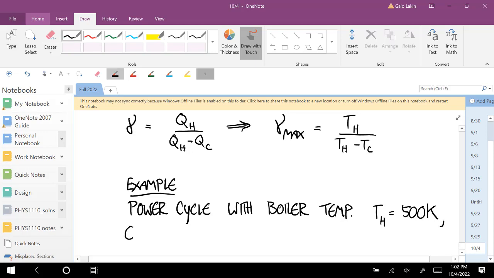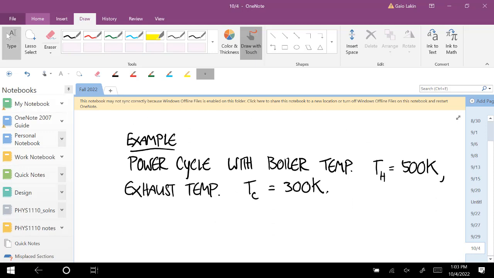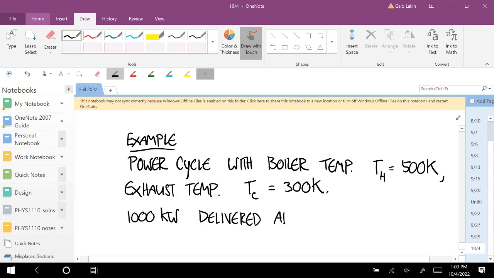And the exhaust temperature, or the temperature of the cold reservoir, is 300 Kelvin. And let's say that we have 1,000 kilowatts delivered at the boiler. Is it possible to get 450 kilowatts of power out of this system?